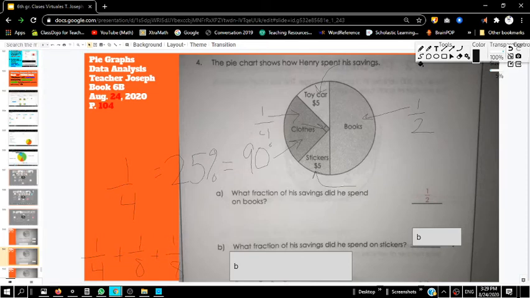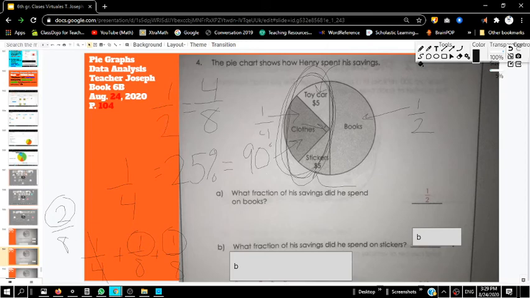For example, 1/4 is the same thing as 2/8. I can add up 2/8 plus 2/8 to get 4/8. So this portion right here is equal to 4/8, which is the same thing as 1/2.